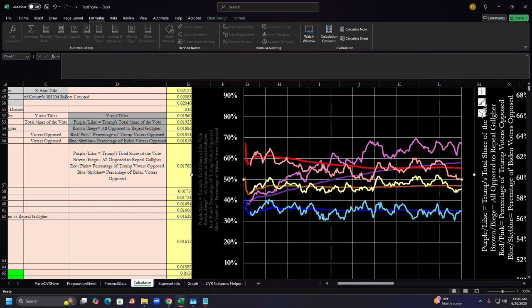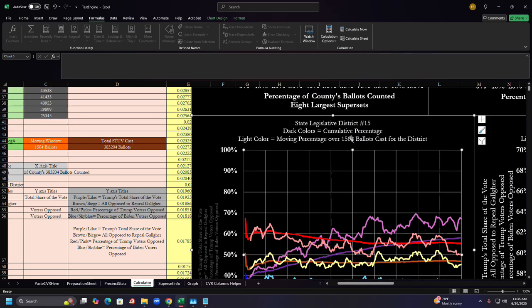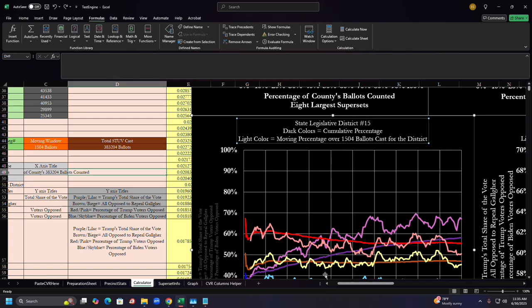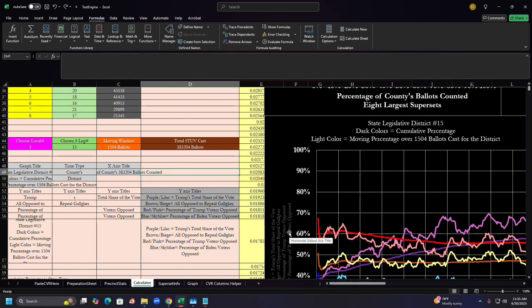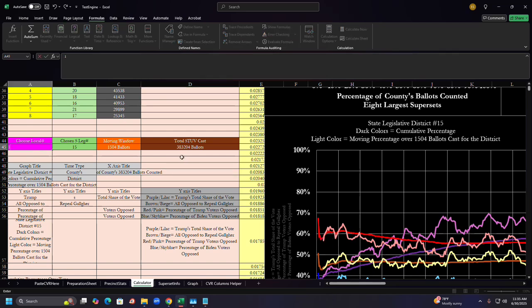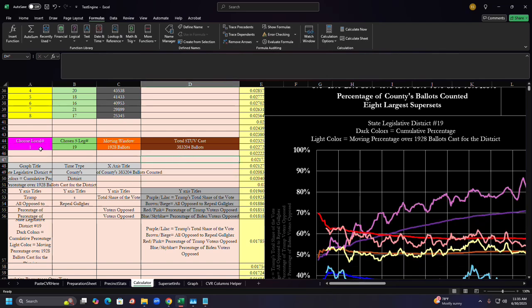The light colors are the immediate share of the batch. So it's not dependent on the cumulative percentage or how the ballots were voted prior to it. It tells you the range, like a 1,500 ballot window is the batch. That window changes based on the total number of ballots cast in that precinct. So here this is a 1,900 ballot window.